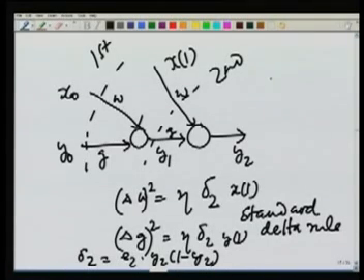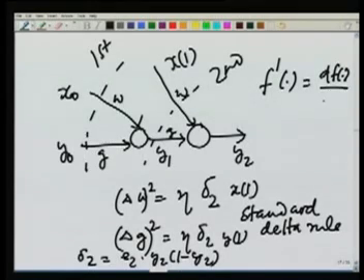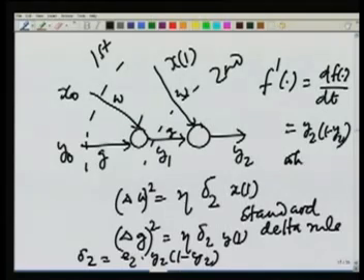What is y2 into 1 minus y2? We assume that f dash, which is df by dz, is y2 into 1 minus y2 when f of z is the sigmoidal activation function.